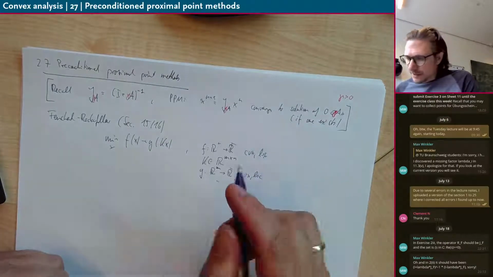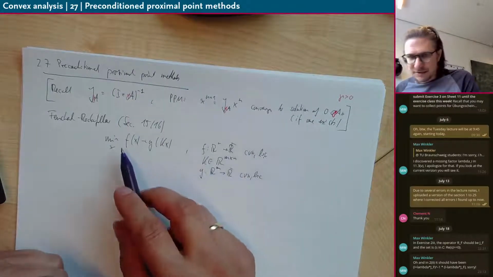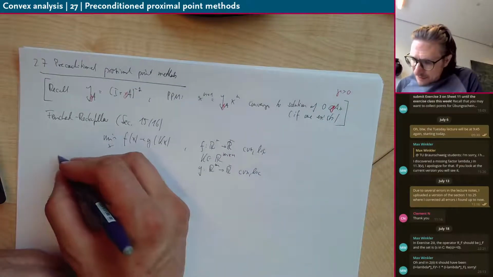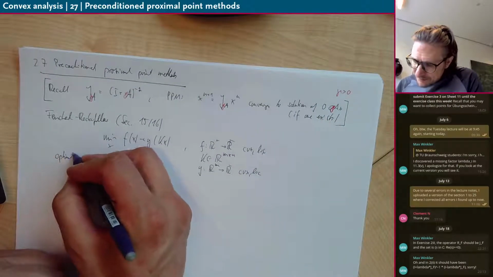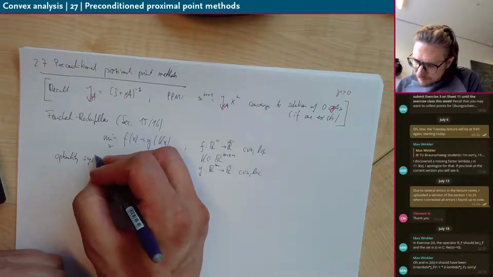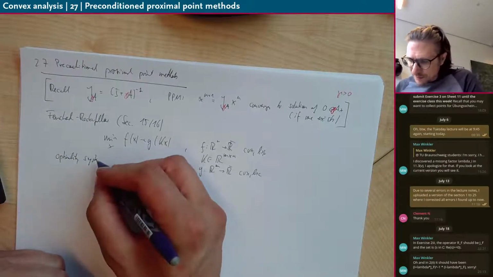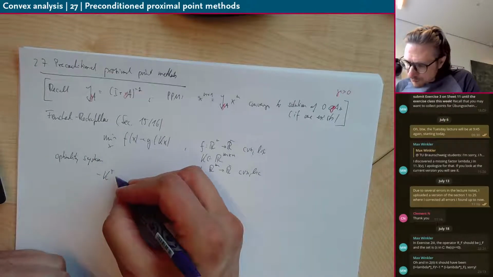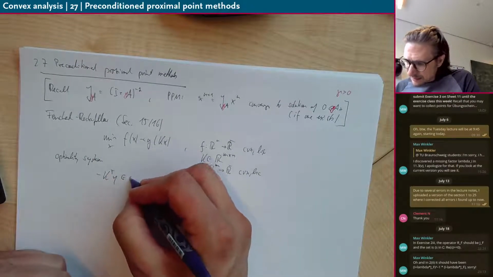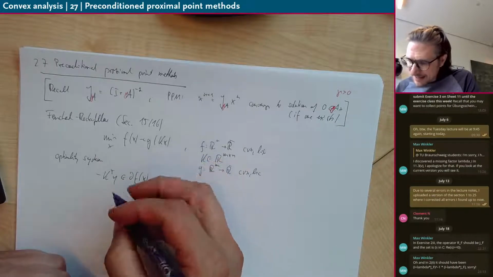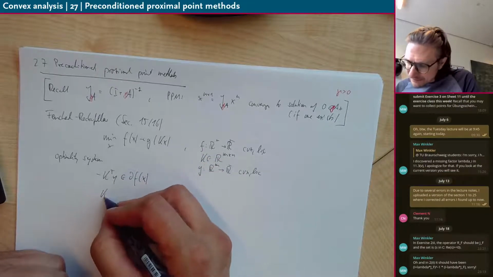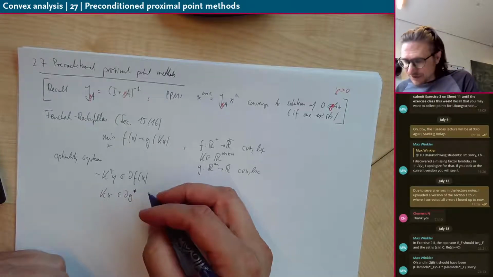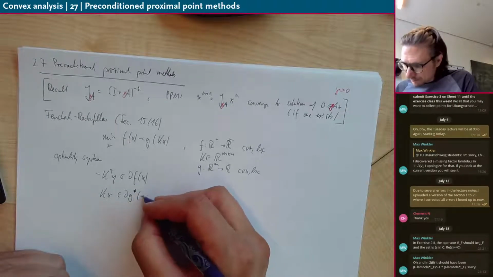Let's assume that everything is nice enough such that we can fully apply Fenchel-Rockafellar duality. So this is the following optimality system, where we had different formulations, but one of them was: minus K transpose y lies in the subgradient of f at x, and Kx lies in the subgradient of the conjugate of g at y.